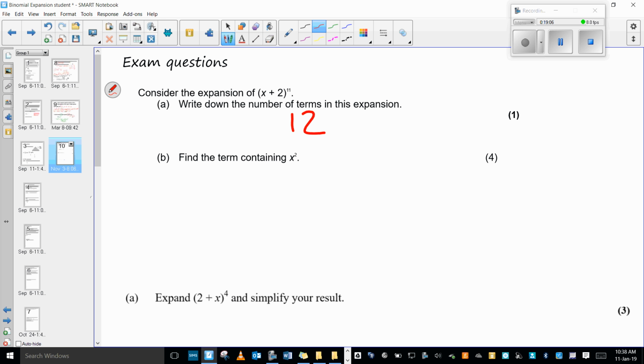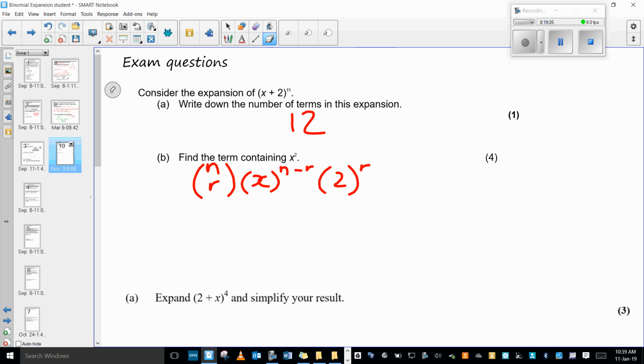So if we look at our general formula, I'm going to write x to the n minus r and 2 to the r. You happy with that? Shall I change the n to be an 11 already? Is that right? Have I rushed that?